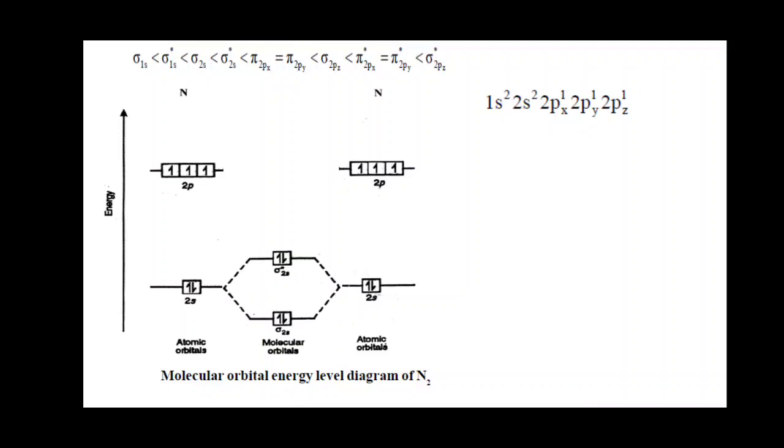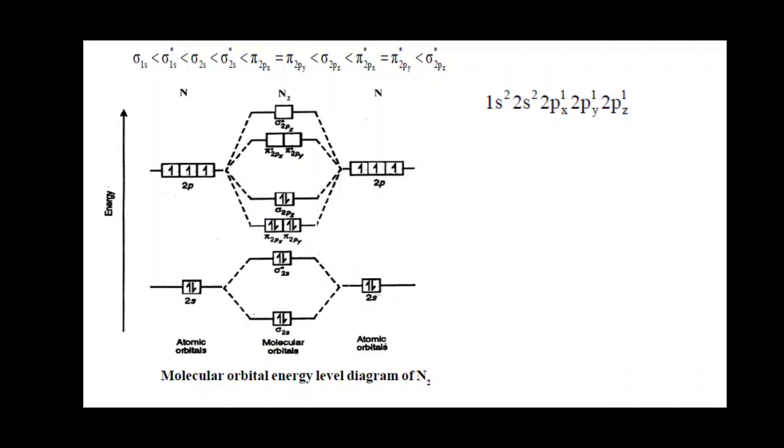Likewise, both 2p orbital electrons in the nitrogen atoms are combining. Below, we can find the bonding molecular orbitals, and on top the antibonding molecular orbitals.